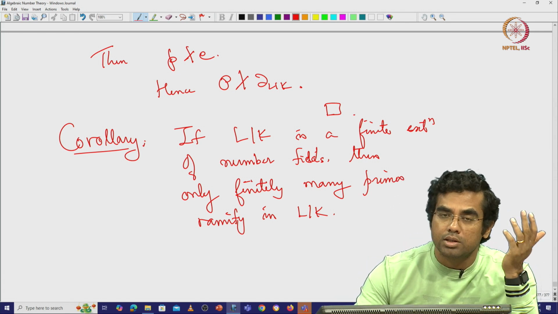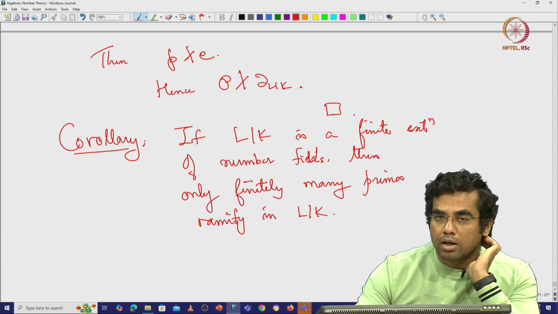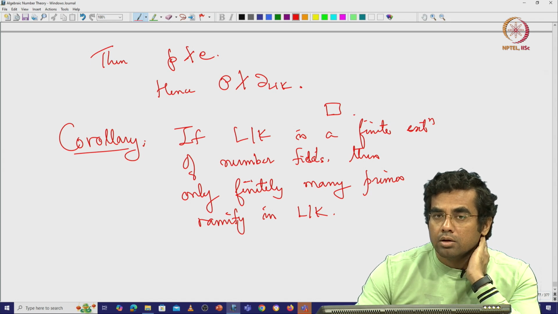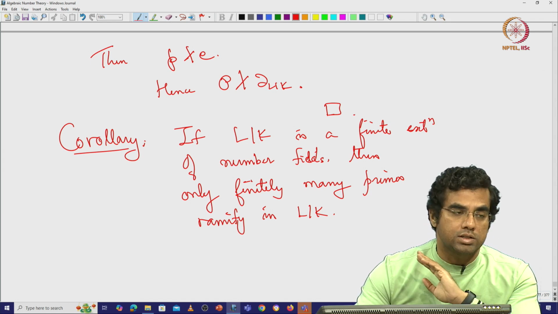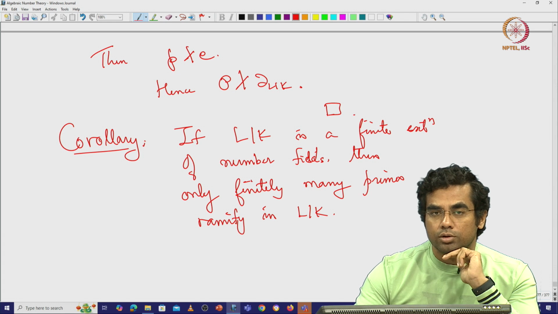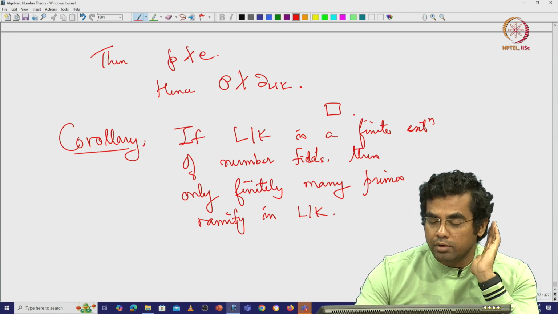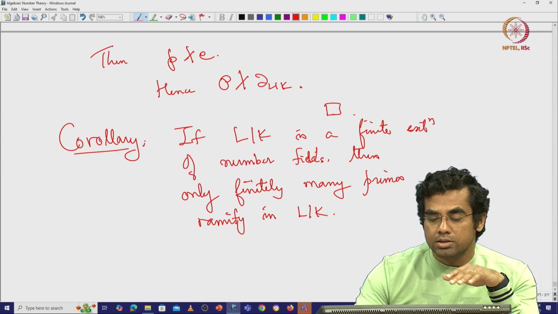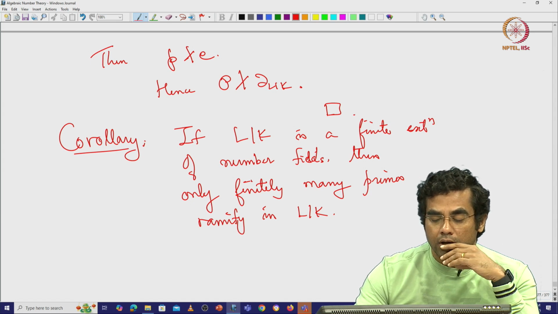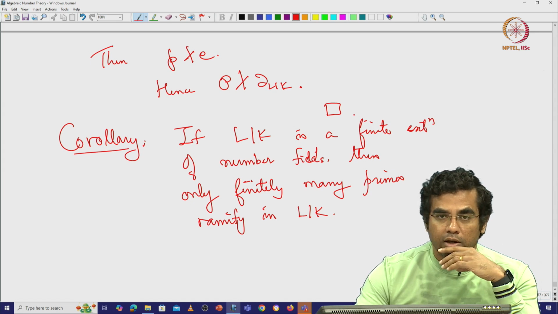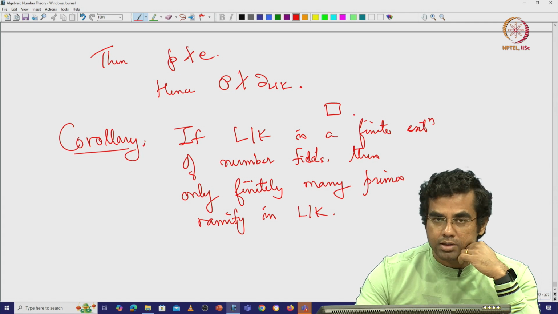So it may happen that there is no prime that ramifies in L over K, but we know that certainly infinitely many primes do not ramify in L over K. Up to this point we had no way of saying this. We can say it now because of this result that a prime ramifies if and only if it divides the different.